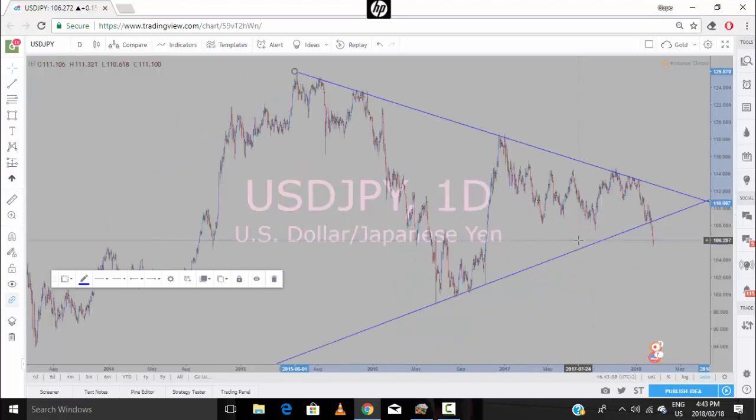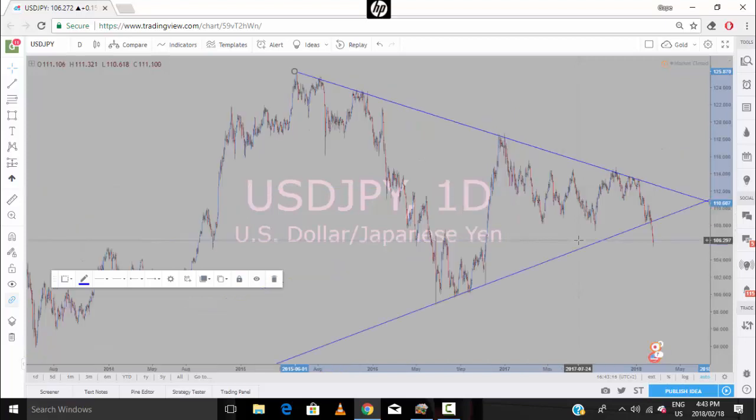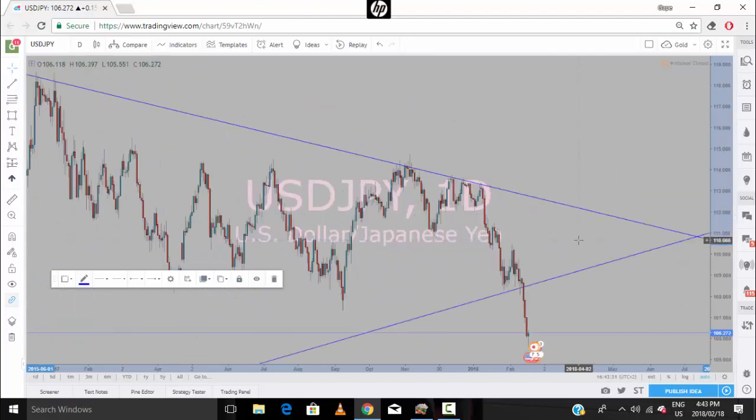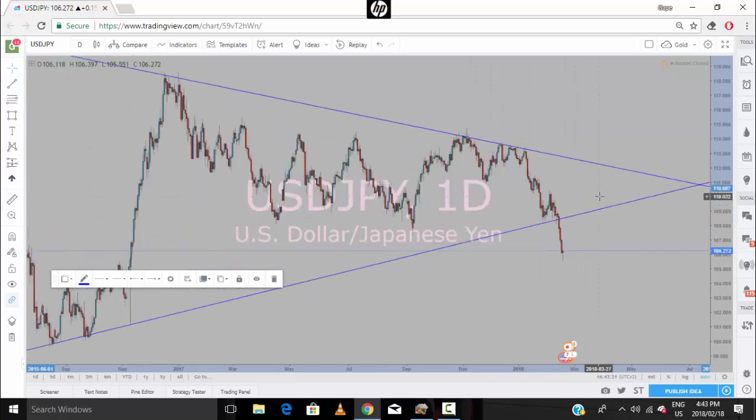So let me see if I can find any support or resistance where I'm at. Nope, nothing where I'm at. The ones which are there are just the previous ones, though. That's hideous.